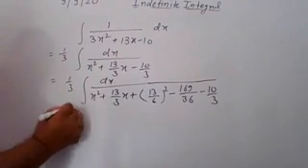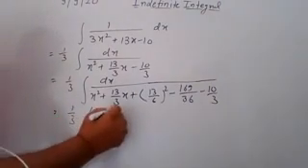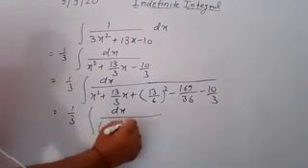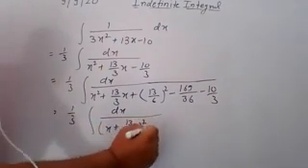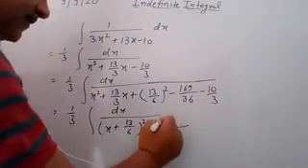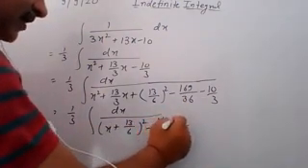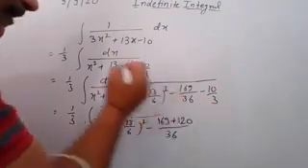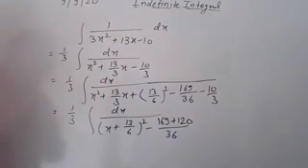Now simplifying: 1 upon 3, dx upon x plus 13 upon 6 whole square minus, taking LCM 36, you have 169 plus 120.